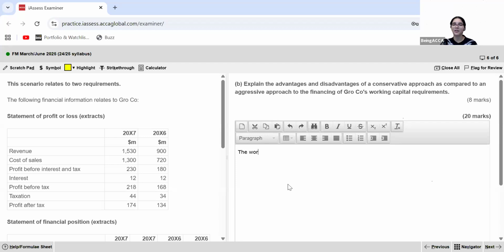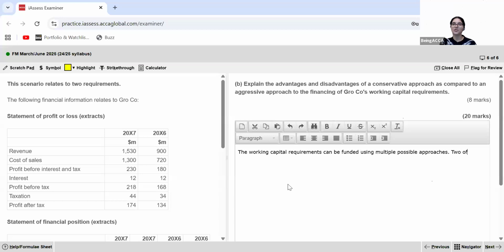The working capital requirements can be funded using multiple possible approaches.